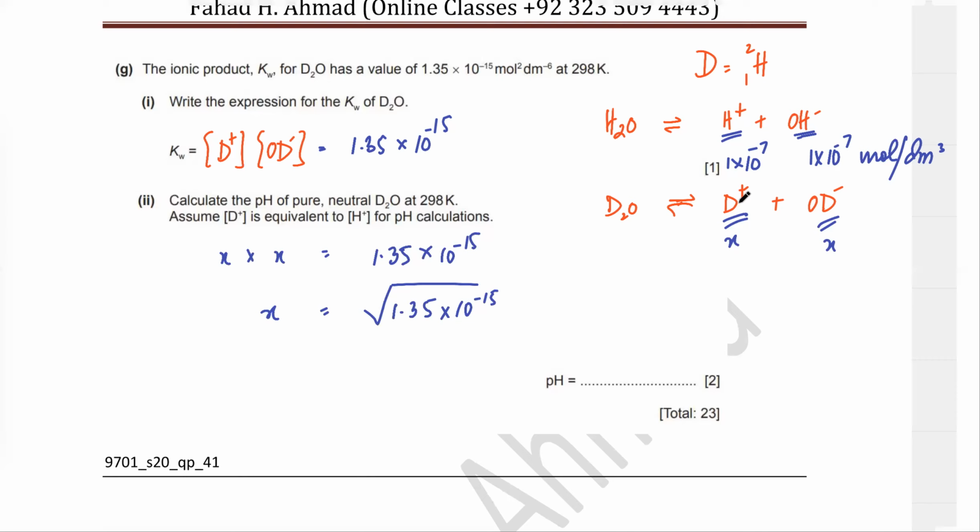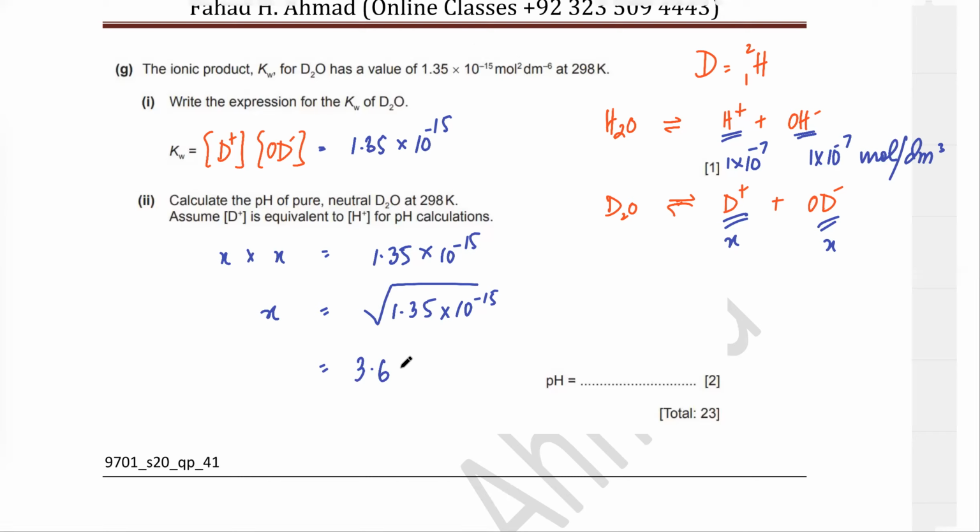And again, use brackets in your calculator. 3.6 multiplied by 10 to the power of negative 8. So you're getting 3.6. Remember, if the original value has an accuracy of 3 significant figures, your answer should also have an accuracy of 3 significant figures.